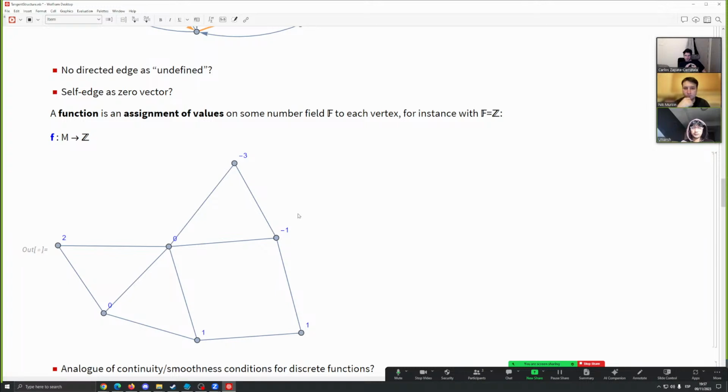And so what I then tried to do was generalize this notion of Taylor series. On this discrete graph, let's forget about the real number line.